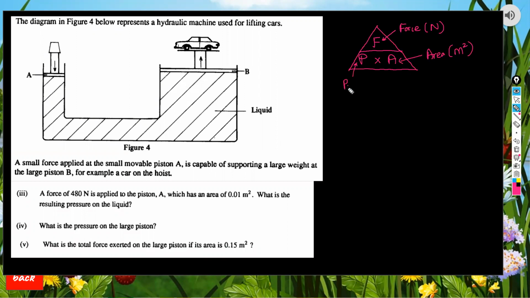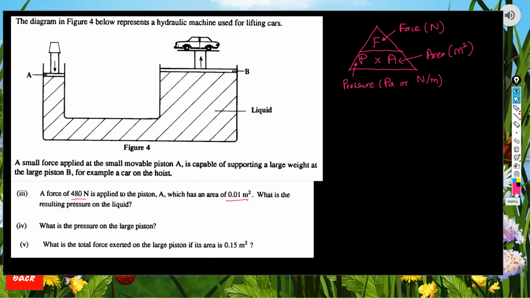But we know P is for what? Pressure. Now, pressure, you can state it two ways. Pressure is measured in pascals or newtons per meter squared. Either one is correct in the exam. So this is part 3. They give you the force in Newtons. They were so nice enough to give you the area in what? Meters squared.